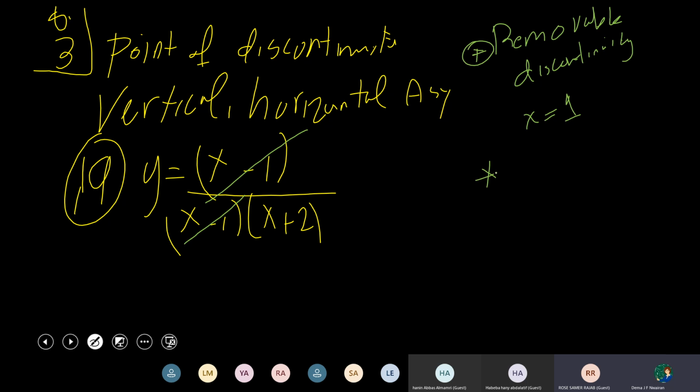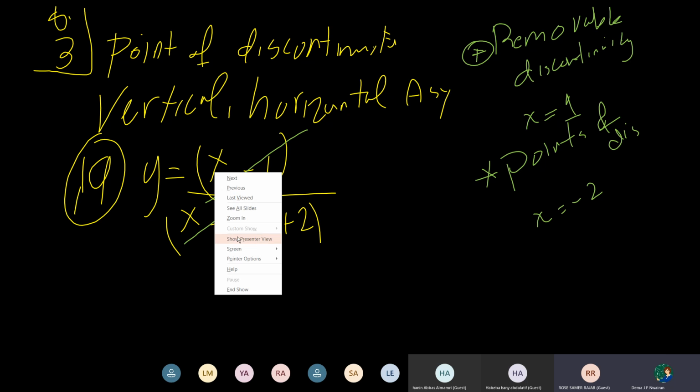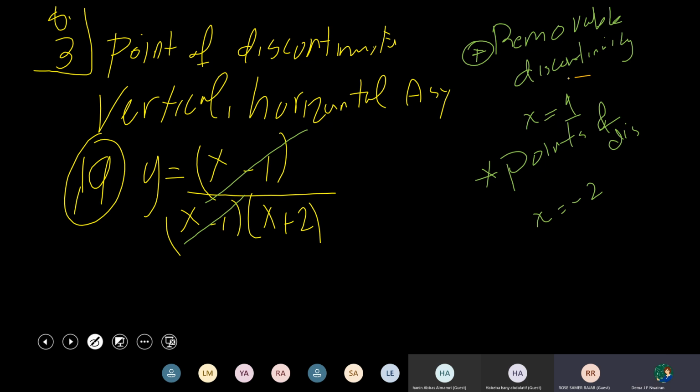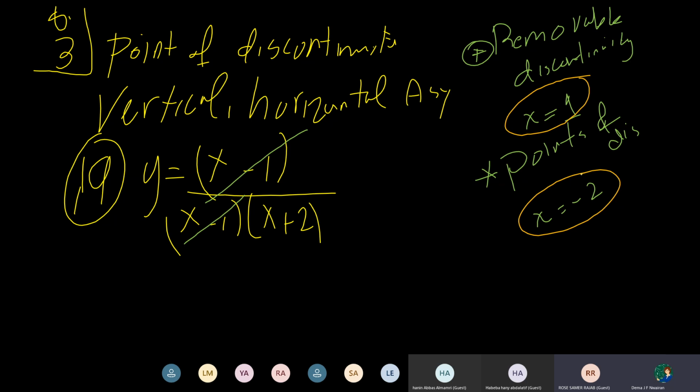And a non-removable discontinuity at x equal negative 2. Thank you. So at x equal 1, I have a removable. Yes. At x equal 1 and x equal negative 2, these are my points of discontinuity.